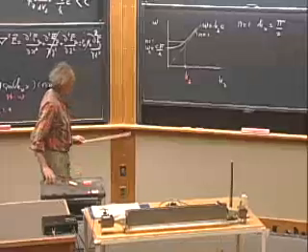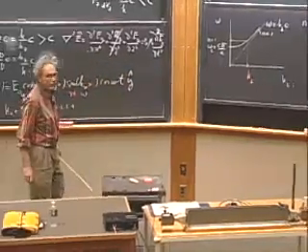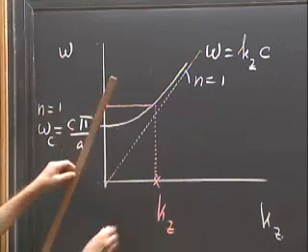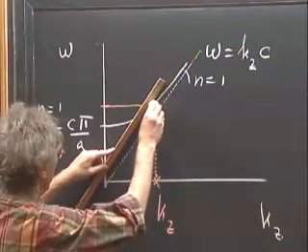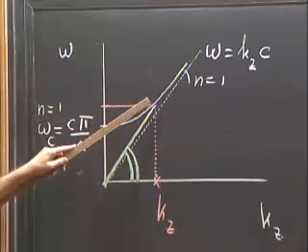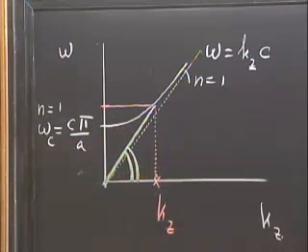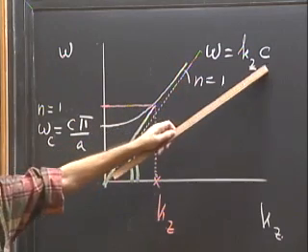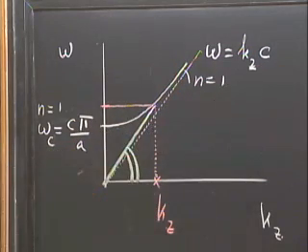You can immediately see here that the phase velocity is larger than c, because the phase velocity is omega divided by kz. And so when I draw this line, then this slope here, omega divided by kz, is larger than this slope, which corresponded to a speed c.